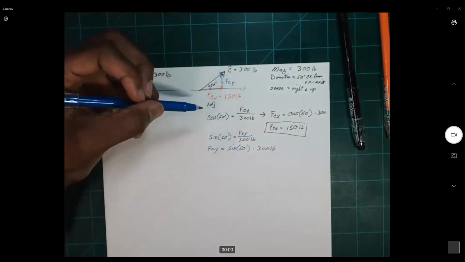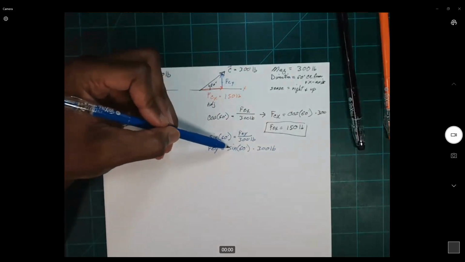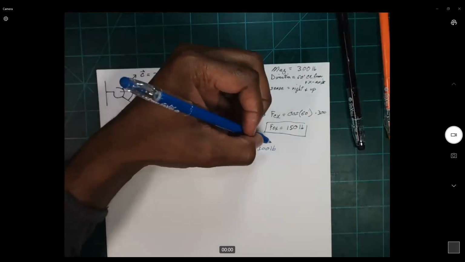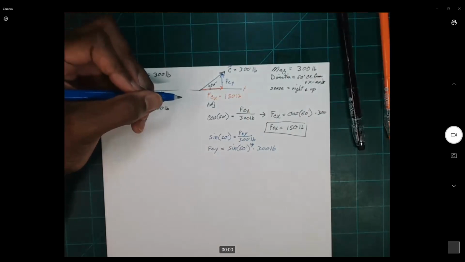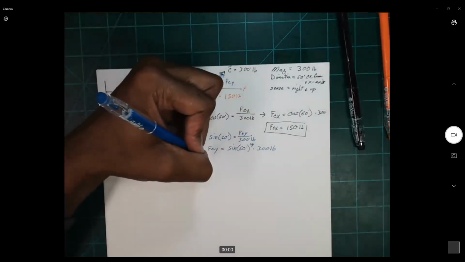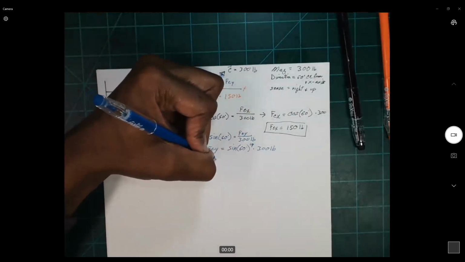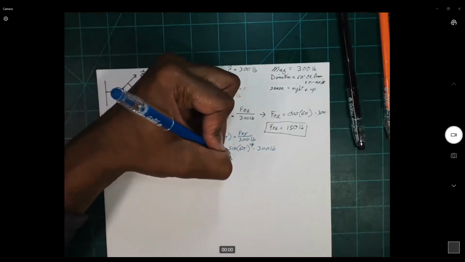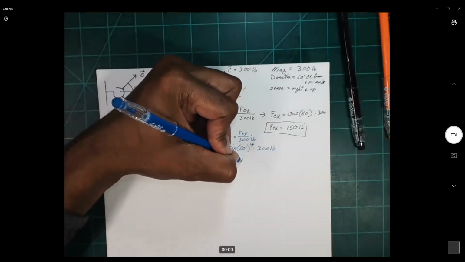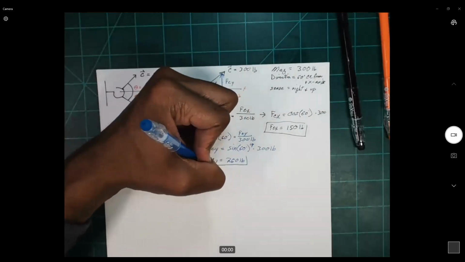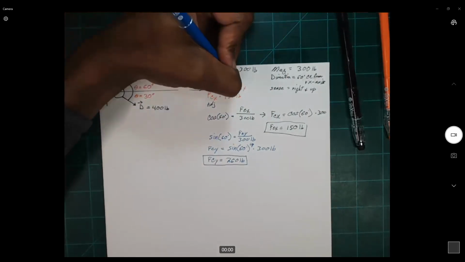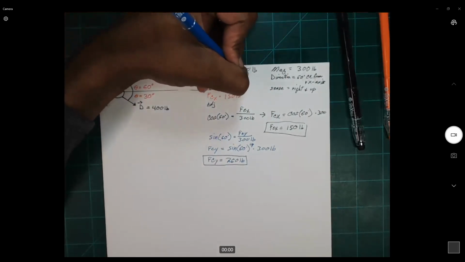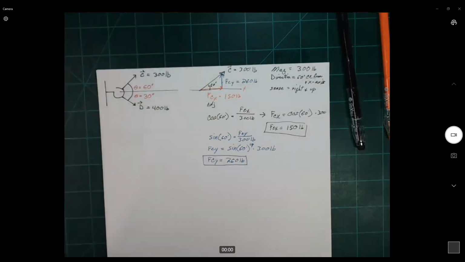Typically, I would say this will be sine 60 degrees up. And force CY equals 260 pounds.